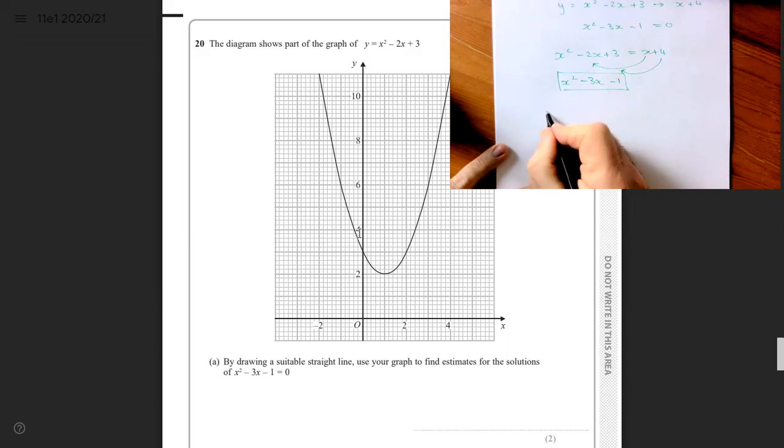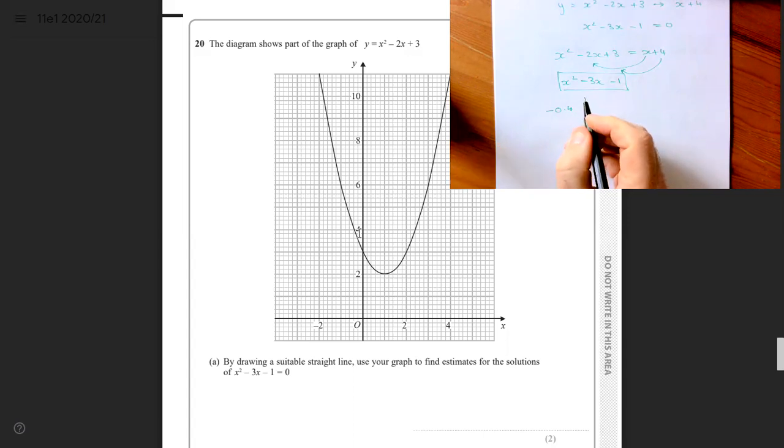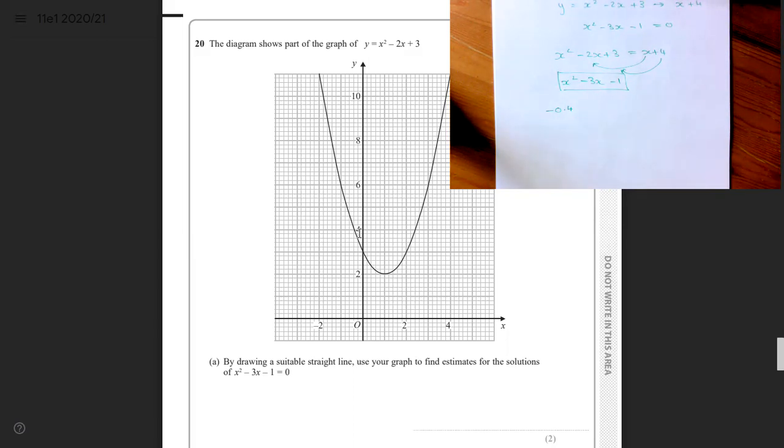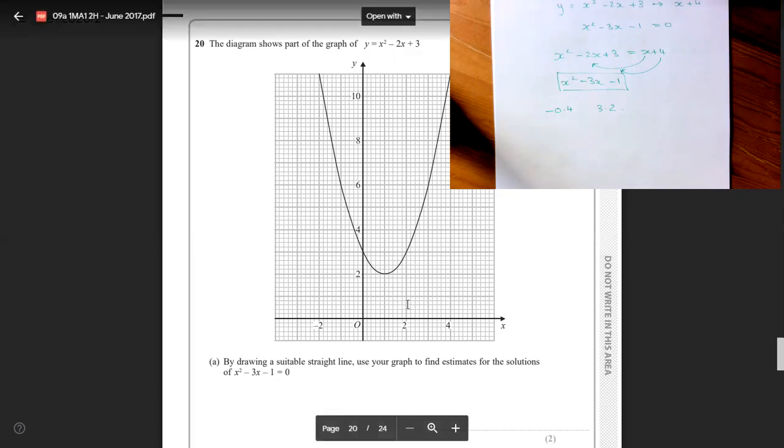Yeah, minus 0.4, roughly. And where else is it going to cross? Because obviously I'm only looking for the x coordinate. Somewhere around 3.2. Okay, so really difficult for me to draw a straight line in on here. You can cross it up here somewhere about 3.2.